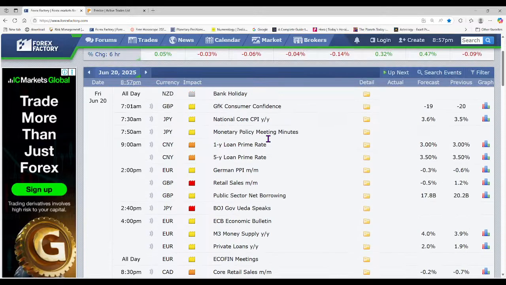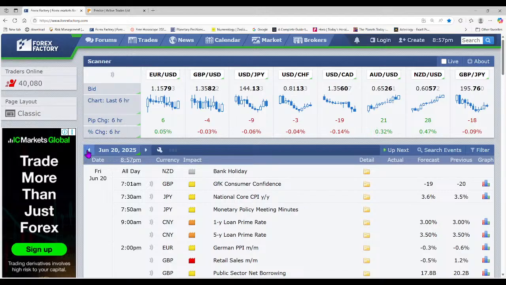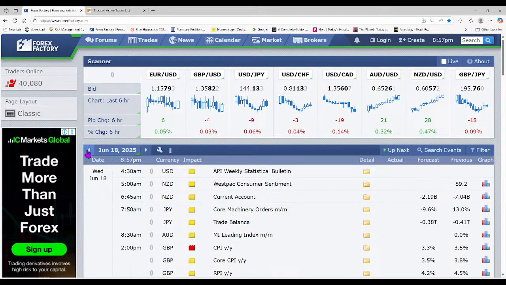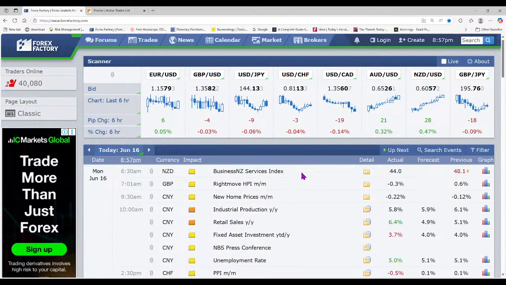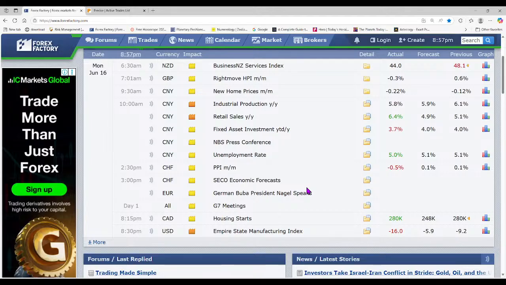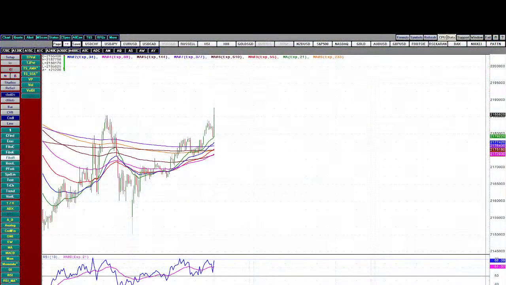So I think the volume is expected to be a bit thin, but then again, we must understand that the interest rate announcement is there, so we got to see how we can manage the trade this week. Okay, so I think these are the things we need to take note.